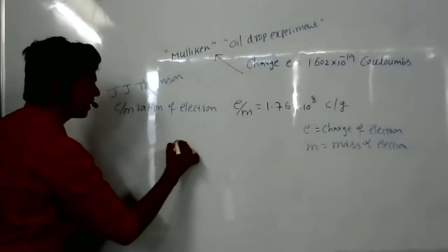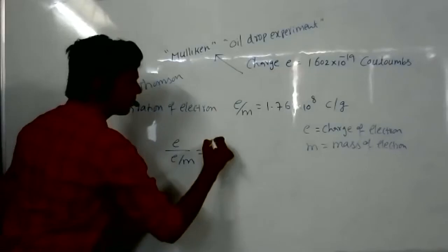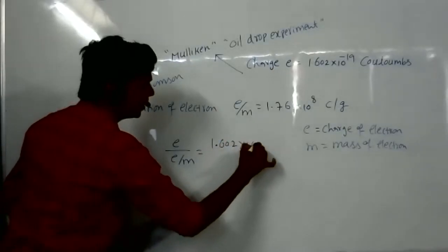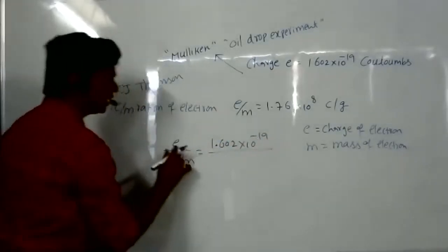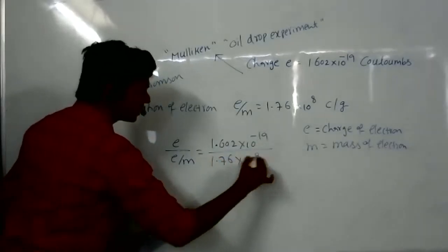So m equals the charge of the electron, 1.602 into 10 power minus 19, divided by the e/m value, 1.76 into 10 power 8.